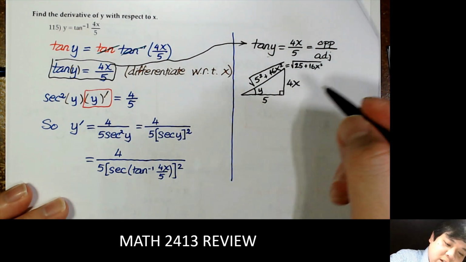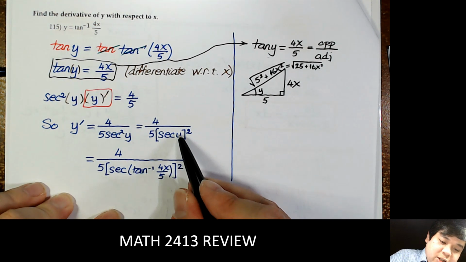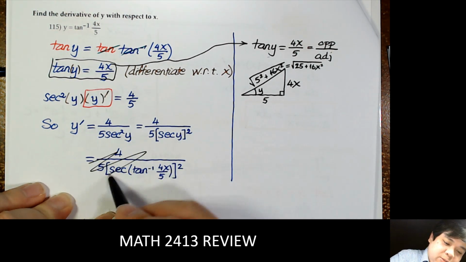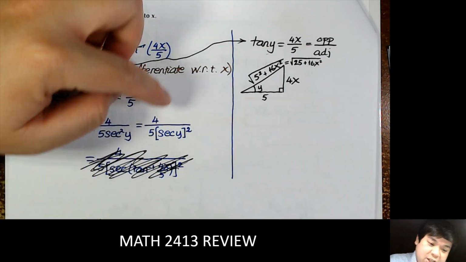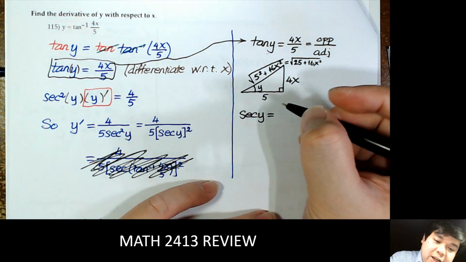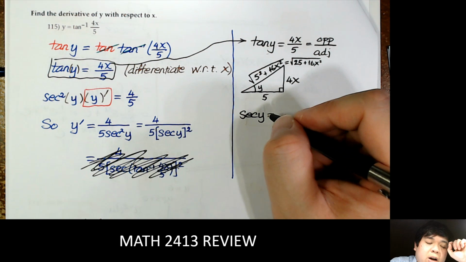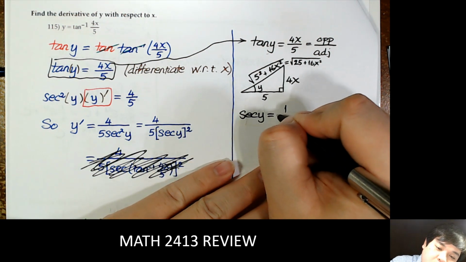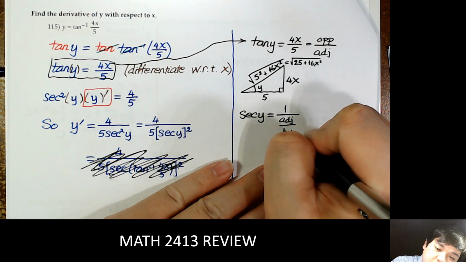And then tangent is that. Actually, we don't even need to go back to this. We just keep it in terms of y. Even better. Now secant of y. Secant is reciprocal of cosine. Cosine is adjacent over hypotenuse.